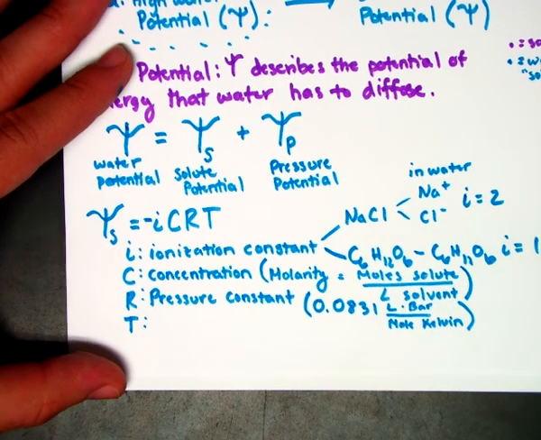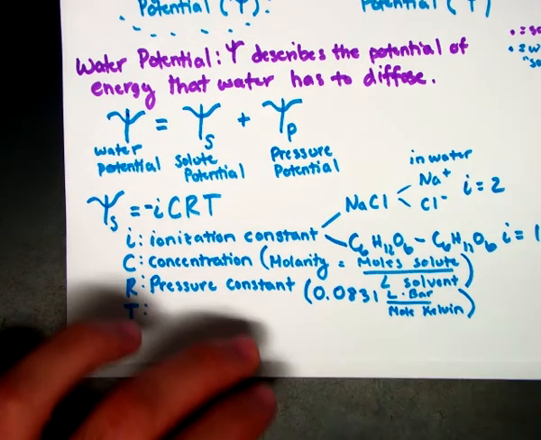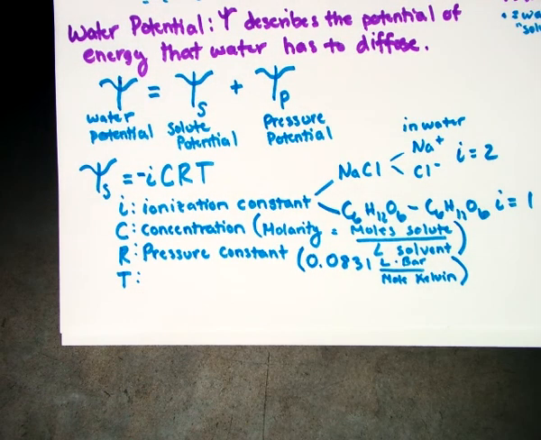Because why not have all the units possible? So liter bar per mole Kelvin, for that same constant, will always be 0.0831.